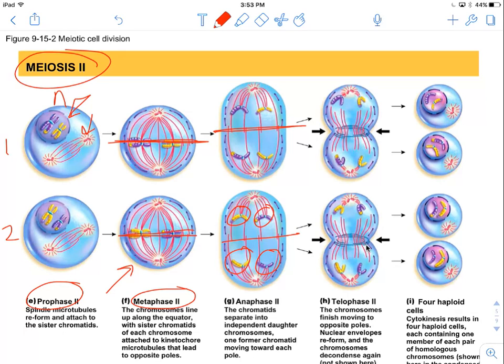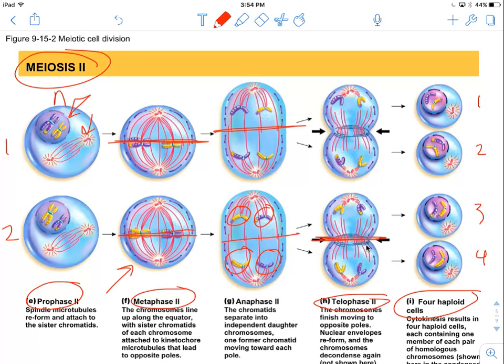And then after anaphase 2, telophase 2, we've got our 2 sets of chromosomes. We get cytokinesis. There's our contractile ring. The chromosomes decondense. The spindle fibers go away. The nuclear envelope reforms, and we're left with 4 haploid cells. 1, 2, 3, 4. Voila.